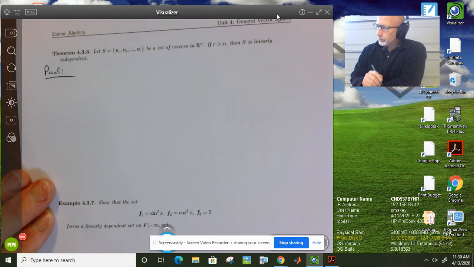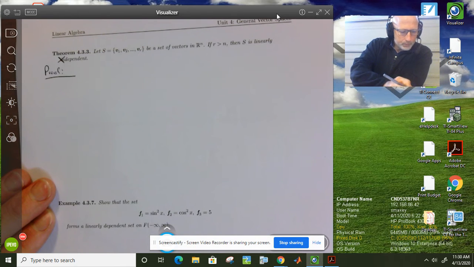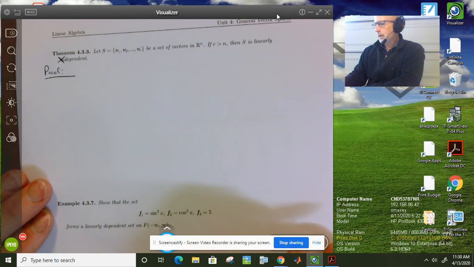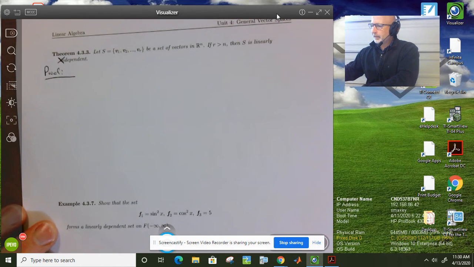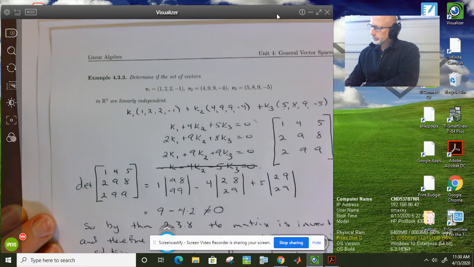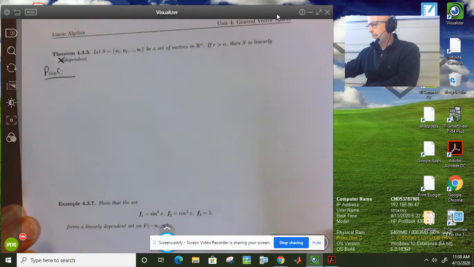So I just realized this is wrong. This should not say independent, it should say dependent. Sorry about that, you guys. It should definitely say dependent, because we actually did an example like that already. Well, that problem was a little bit different.